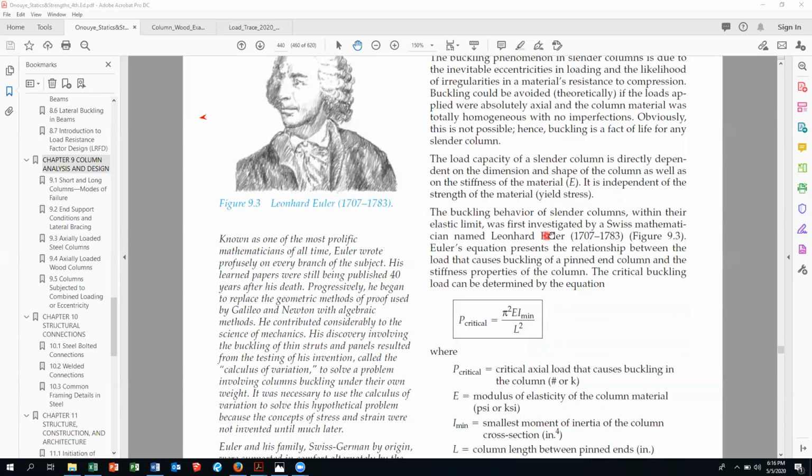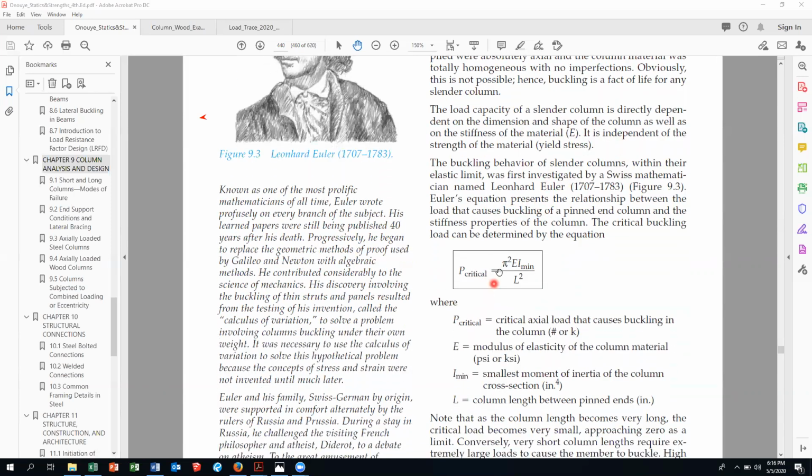So the buckling behavior of slender columns gets into this formula. It's a relationship between the load that causes buckling of a pinned end column. And you're going to get into the end connections a lot more in structural theory. We don't have the time to get into it here.